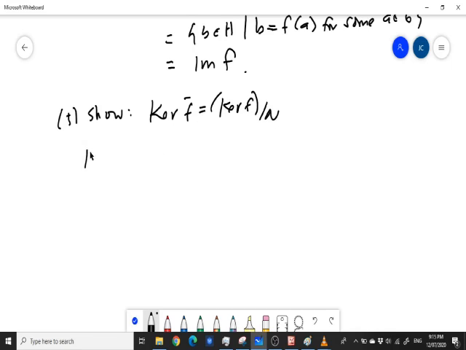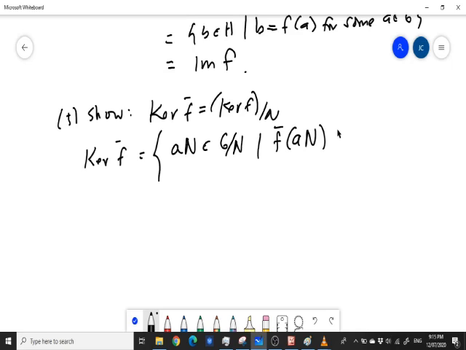Okay. The kernel of f bar by definition is the set of all a n in G mod n such that the image of a n equals the identity in H. Right?